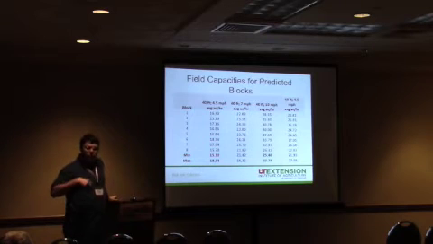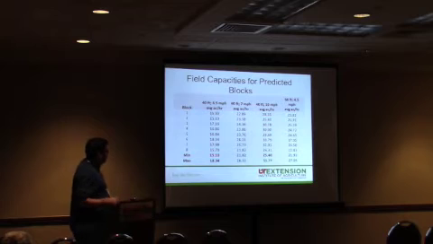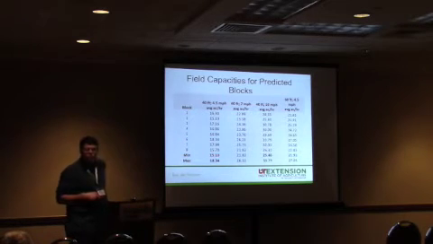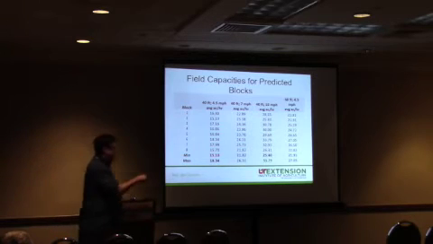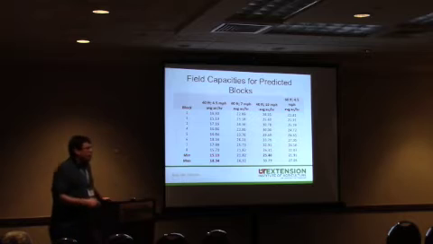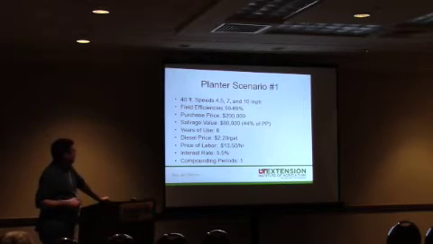If you have lower field efficiency numbers, that's going to drop your capacity. So when we look at those eight different blocks that Mike had, we have a max and a min for those capacities, and these are the numbers we use to generate some of our cost estimates that we can compare across scenarios.